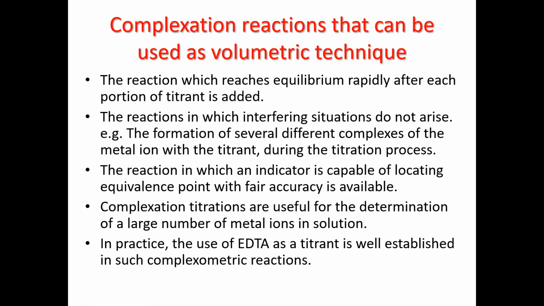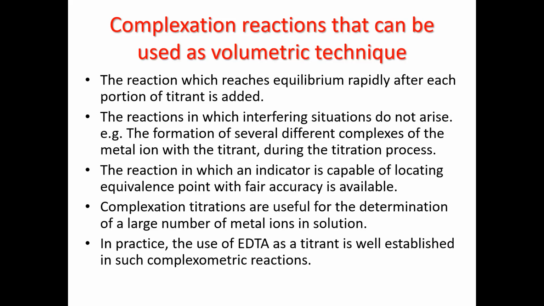So the complexation reactions that can be used, not every complexation reaction can be used as a volumetric technique. It's not all the time that your metal ion complexes with the ligand that you can use it as a complexometric titration. So there are some criteria that should be fulfilled.